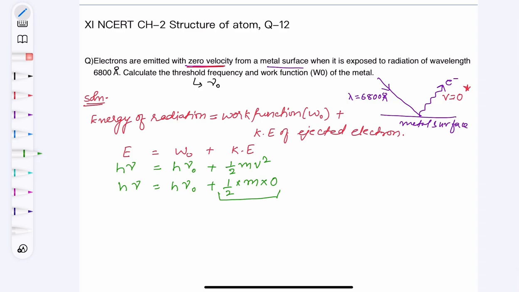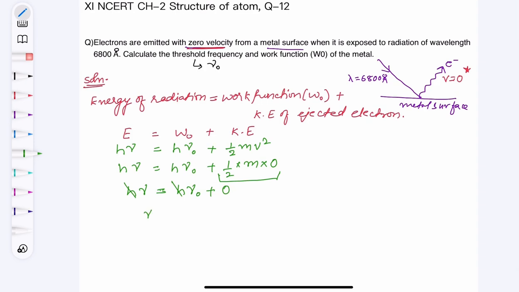So this whole term half mv square would be 0. So you are left with h nu is equal to h nu naught plus 0. Here Planck's constant can be cancelled out, so you have nu is equal to nu naught. Now what is this nu naught? Here is your threshold frequency.